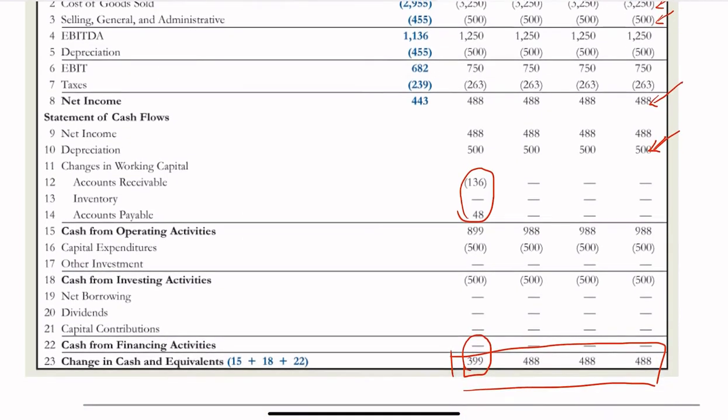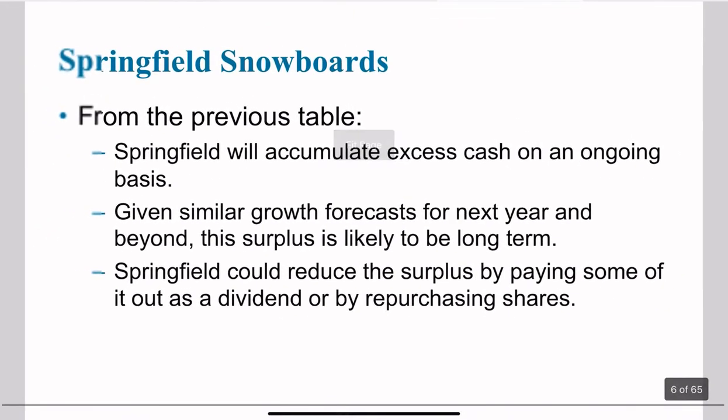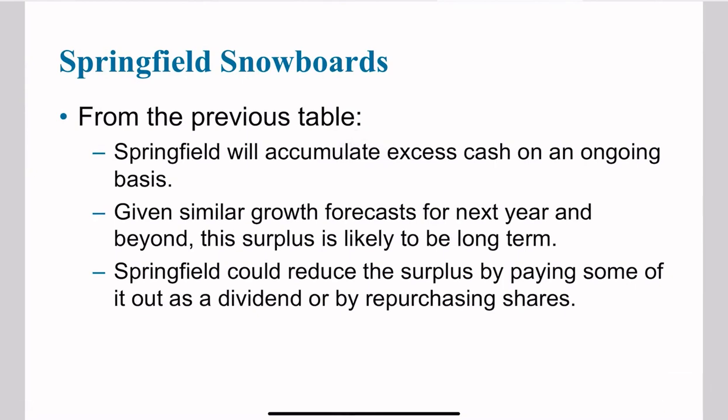So you can see that in this case, it's a simple case because you have a smooth cash flow, right? So the cash flow is pretty smooth, and you will have excess cash flow in each quarter. So in this case, it's quite possible these excess cash flows will be permanent, right?